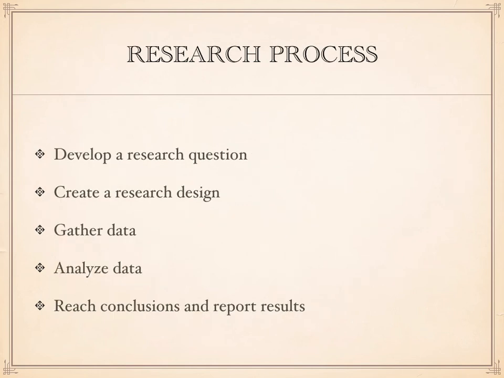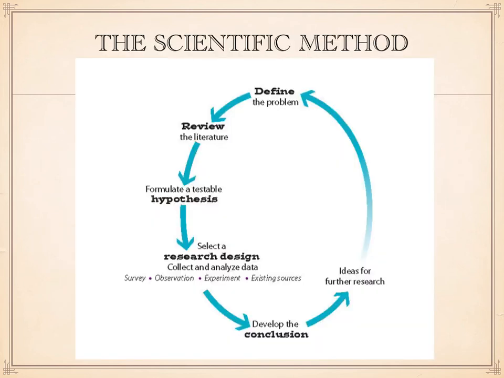And so the research process as a sociologist, as a scientist, is similar to any other kind of scientific enterprise. You develop your research question, you create or choose your research design, you gather your data, you analyze the data, and then you reach your conclusions and draft your report. And so the scientific method overall is you define your problem, you review the literature, what other scientists have been writing or doing research on the topic.